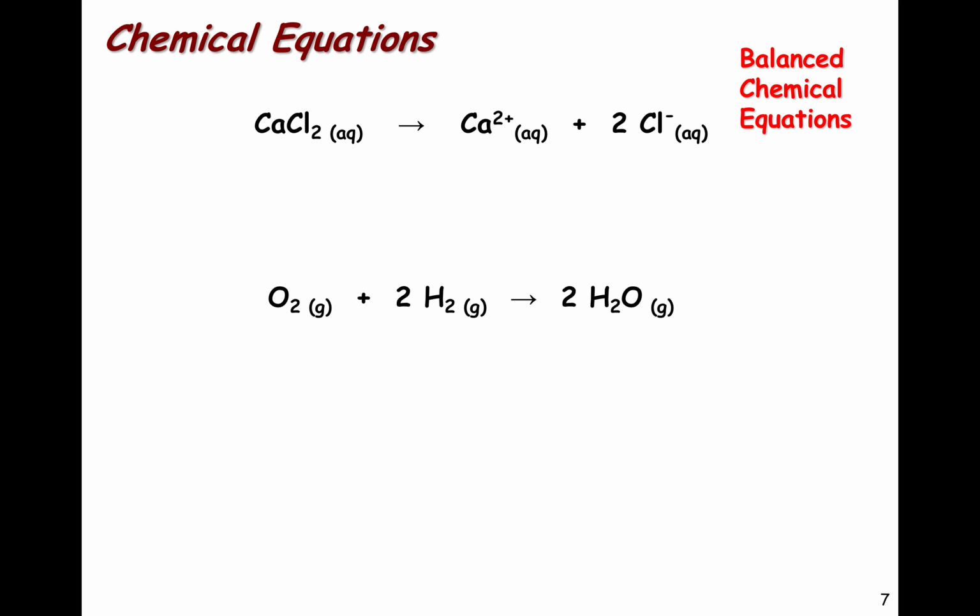Now, to summarize the aspects of chemical equations that we want to point out here, whenever you have a chemical reaction, you have both the reactants and the products. You have the chemical formulas associated with various species. This tells us the number of atoms in the overall formula.